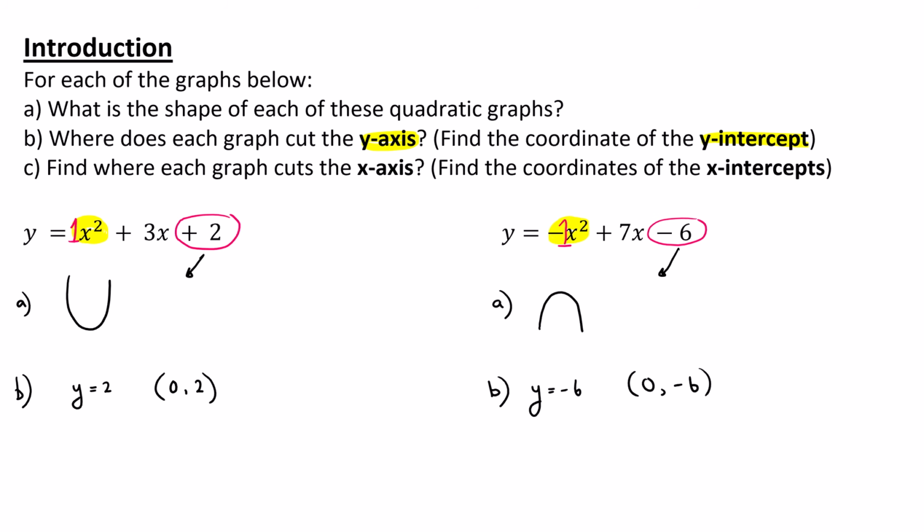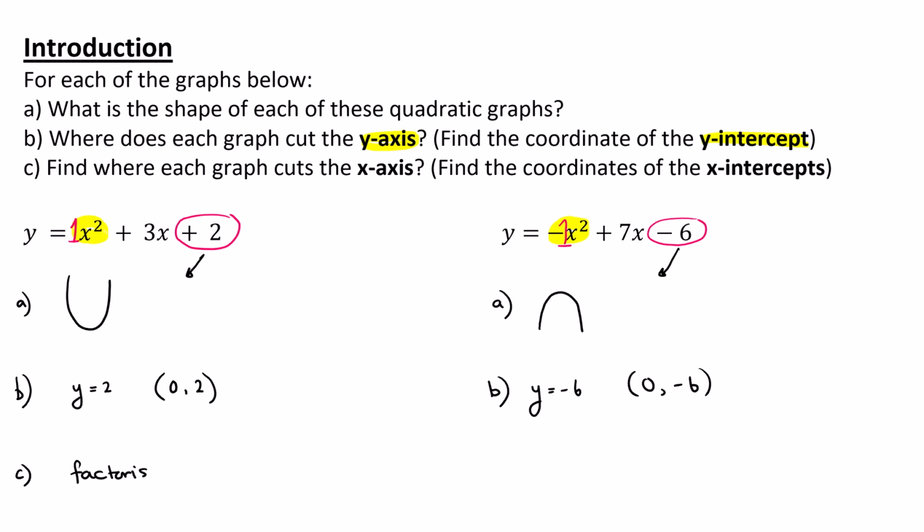So these two things, the shape of the graph and the y-intercept, are relatively straightforward. The next thing you need to find is the x-intercept. It's where the graph cuts the x-axis. Now you find that by factorizing.